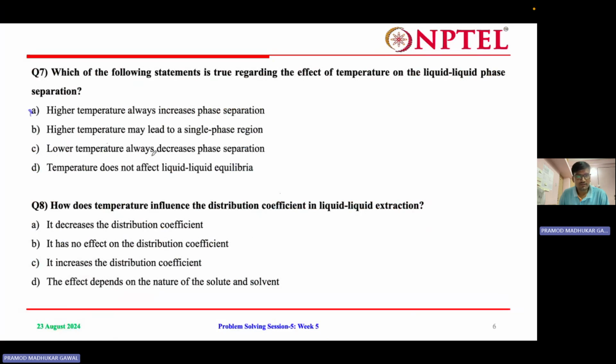Lower the temperature, always decreases the phase separation. No. And temperature does not affect the liquid equilibrium. This is not correct.